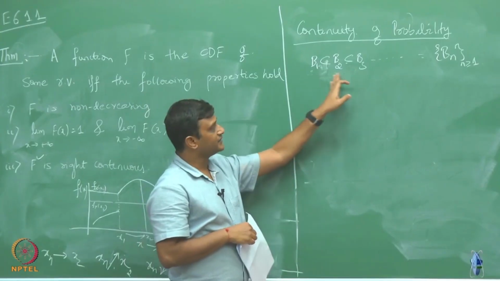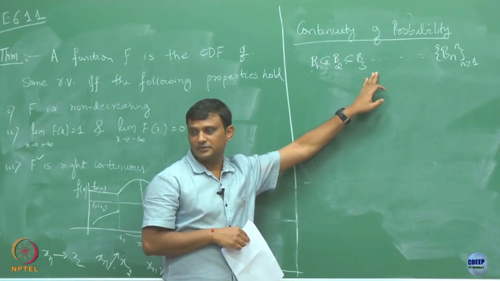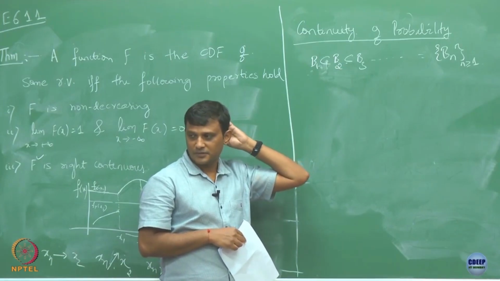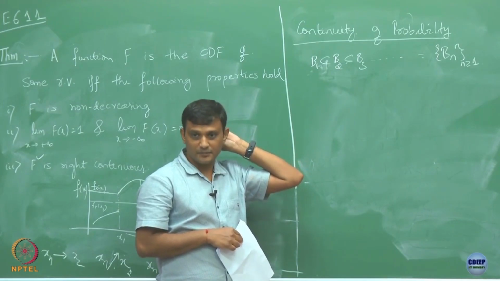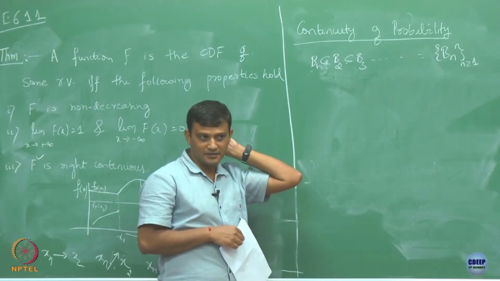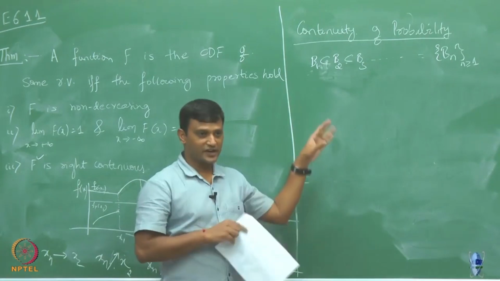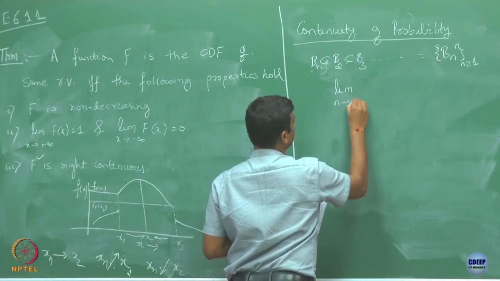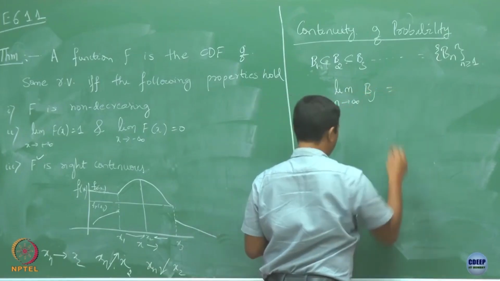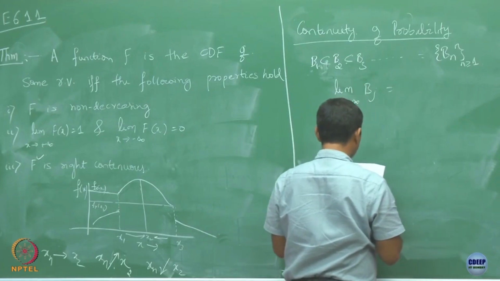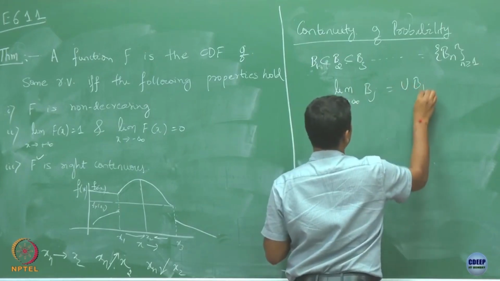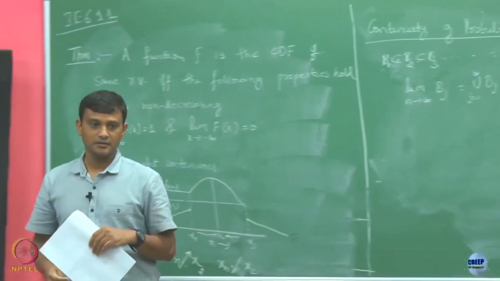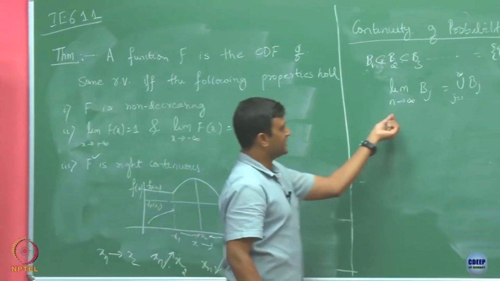Now suppose you have a sequence like this, what do you expect the limit to be? The biggest one. How does the biggest one look? It could possibly be the union of all of these. So I could write the limit of Bn as n tends to infinity as the union of Bj, j equals 1 to infinity. These Bj's are increasing sets.